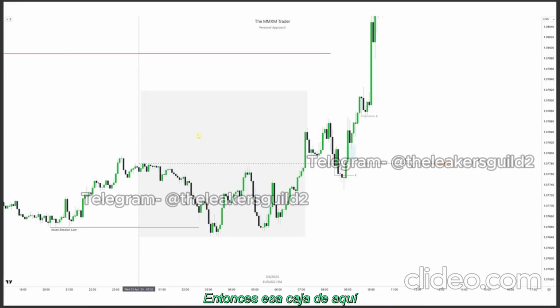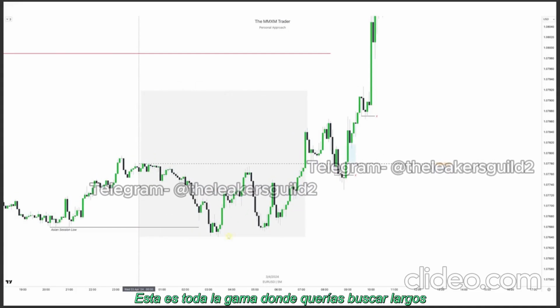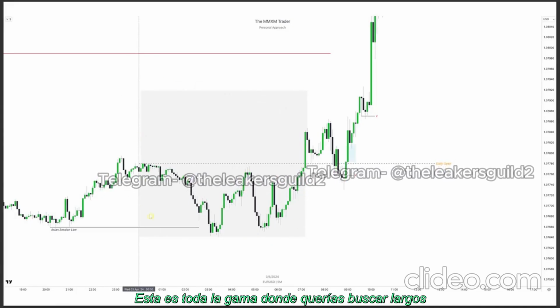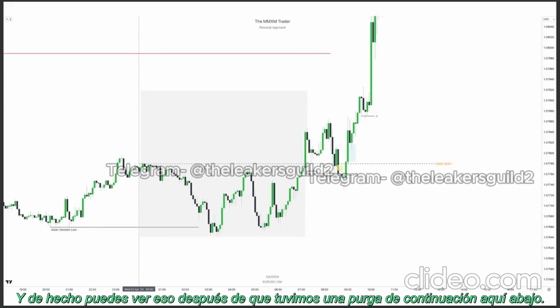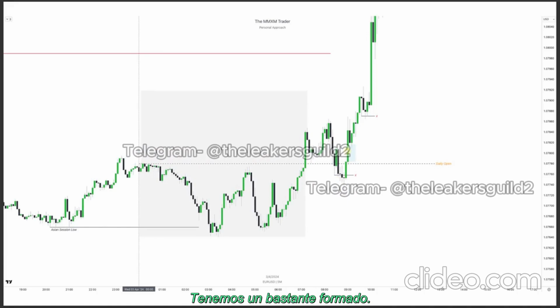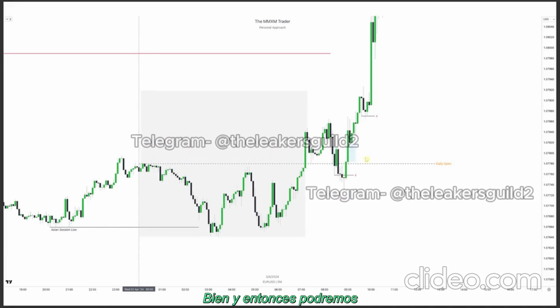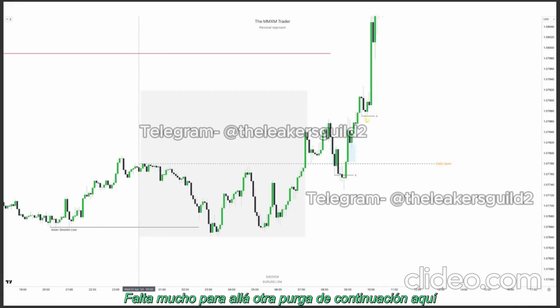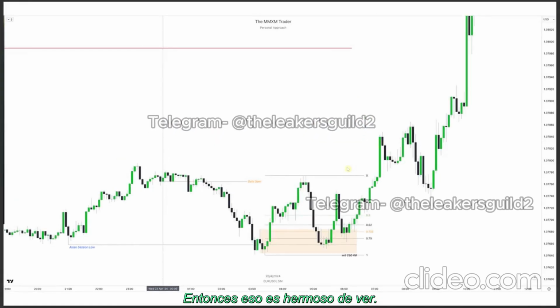So that box over here, this is the entire range where you want to be looking for longs, and you can actually see that after we had a continuation purge down here, we have a fair value gap formed, right? And then we can long from there, another continuation purge here. So that is beautiful to see.